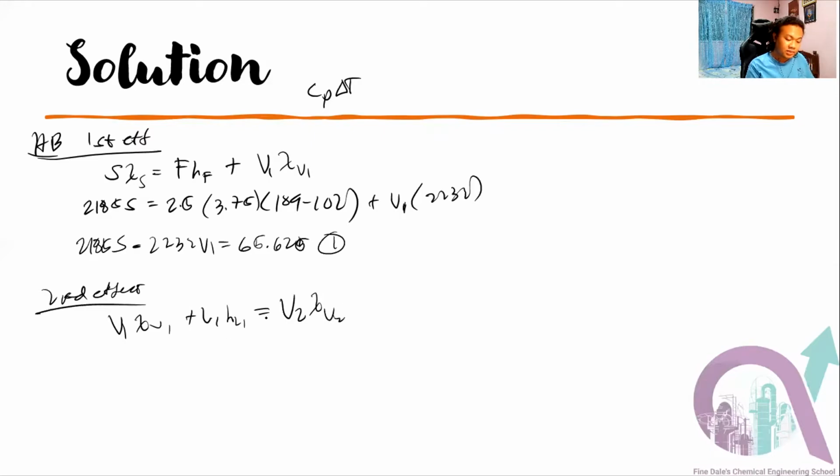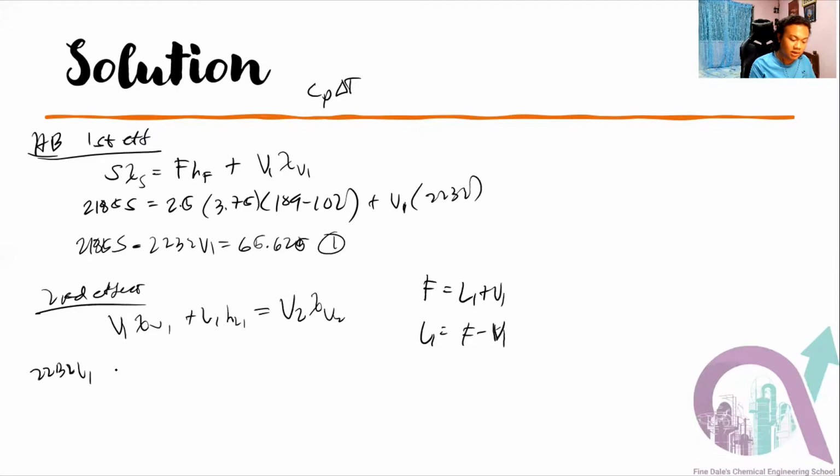Okay, but we have no L1, but we can improvise. So F is equal to L1 plus V1. We can take advantage of that: L1 is F minus V1. Okay, so let's substitute.